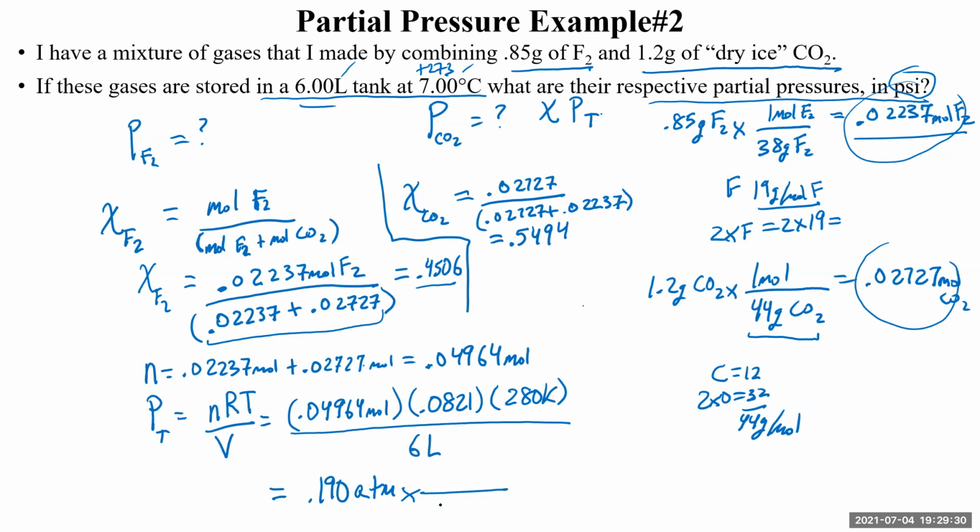We know that every 1 atmosphere is 14.7 PSIs. So that's going to equal 2.8. That's easy enough. 2.80 PSIs. For once, PSIs are actually an easier number. That's our total pressure. Remember, that's our PT, total pressure.